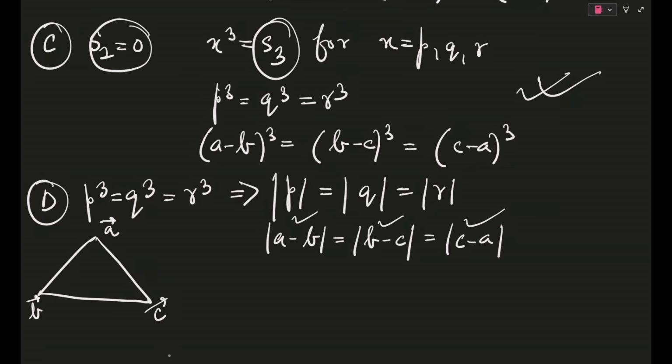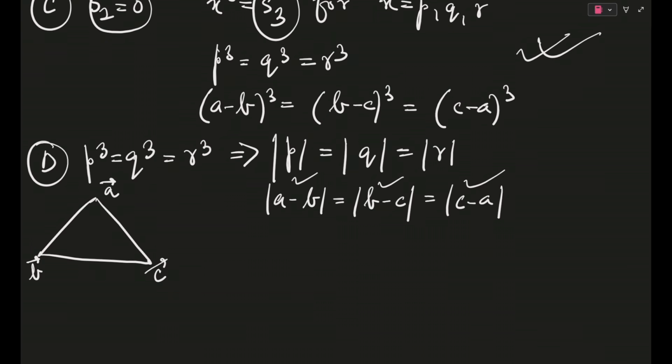So for our simplification, if we want, we can treat complex numbers like vectors, and that will make our simplification easier. There is no harm. So if this is the case, it means these are the side vectors of the triangle, and they can be obtained from one another by rotations of 120 degrees. Why? Because, very obviously, triangle ABC is an equilateral triangle.